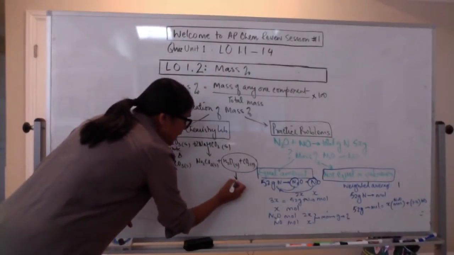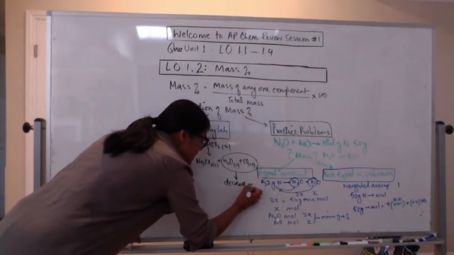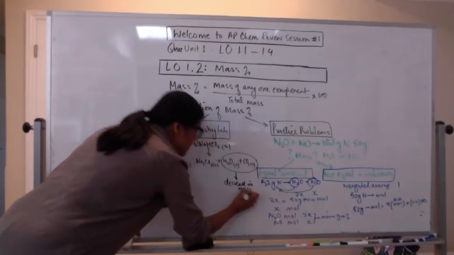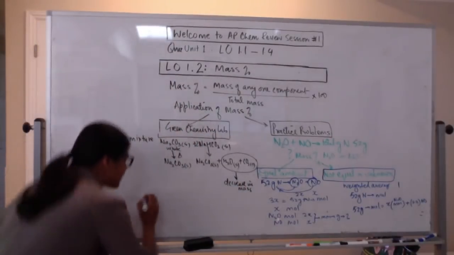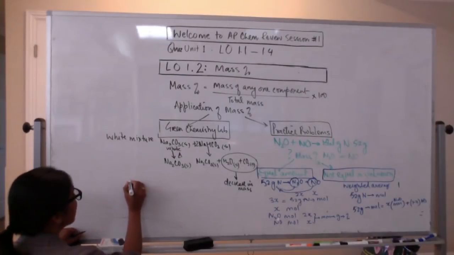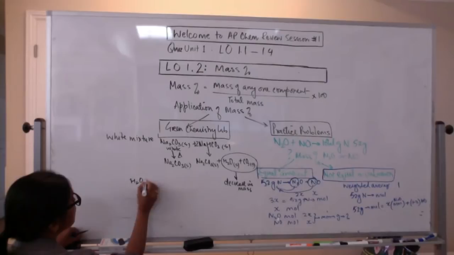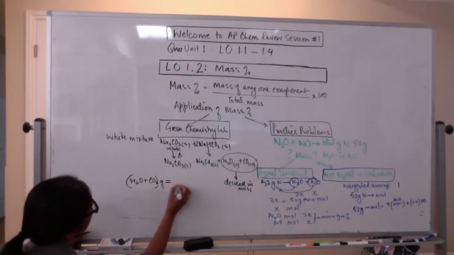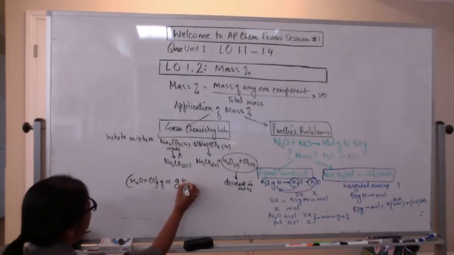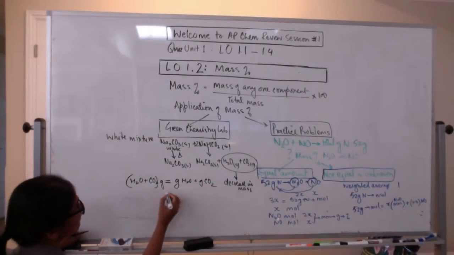So by figuring out the decrease in mass, and this decrease in mass was because of water and carbon dioxide gases that escaped, we get the mass lost, which is equal to grams of H2O plus grams of CO2, right? This is what it came from.